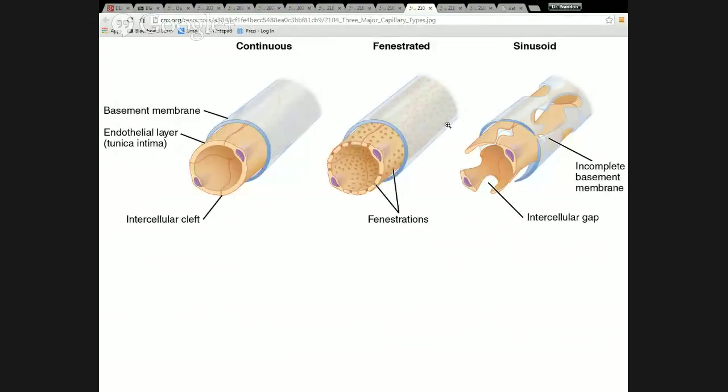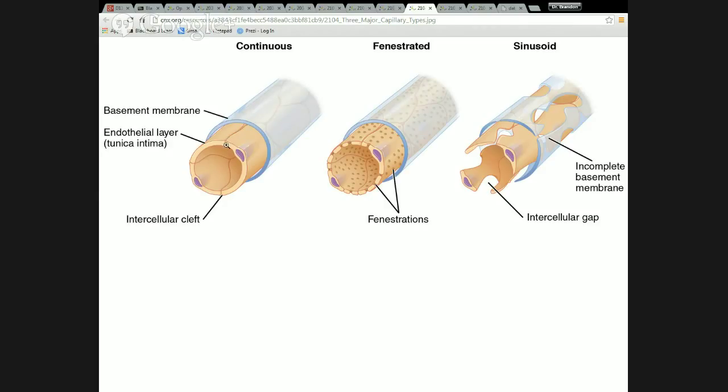And they're categorized basically on how leaky they are, or how little blood they allow to slip through. So the least leaky type are the continuous capillaries. And what characterizes them is that they have very tight junctions between the cells making up the endothelium.